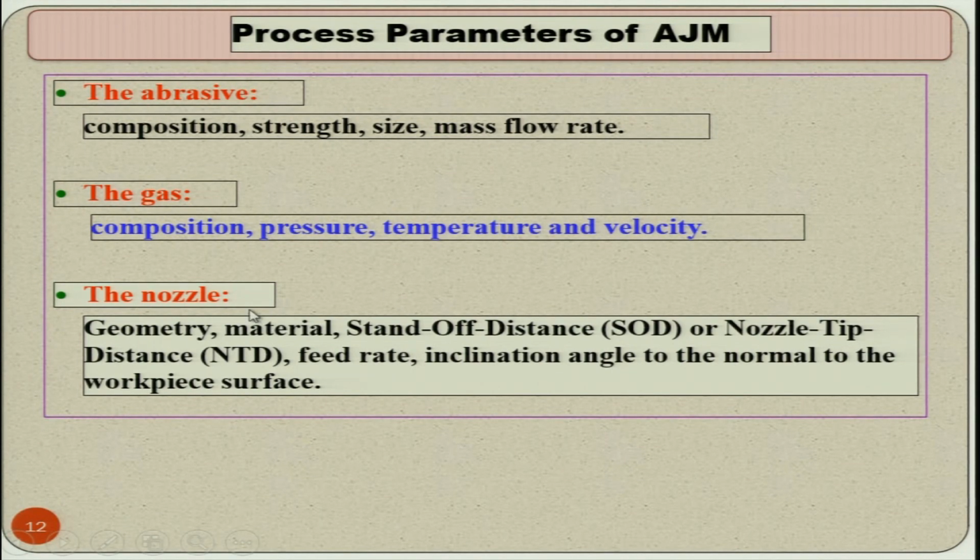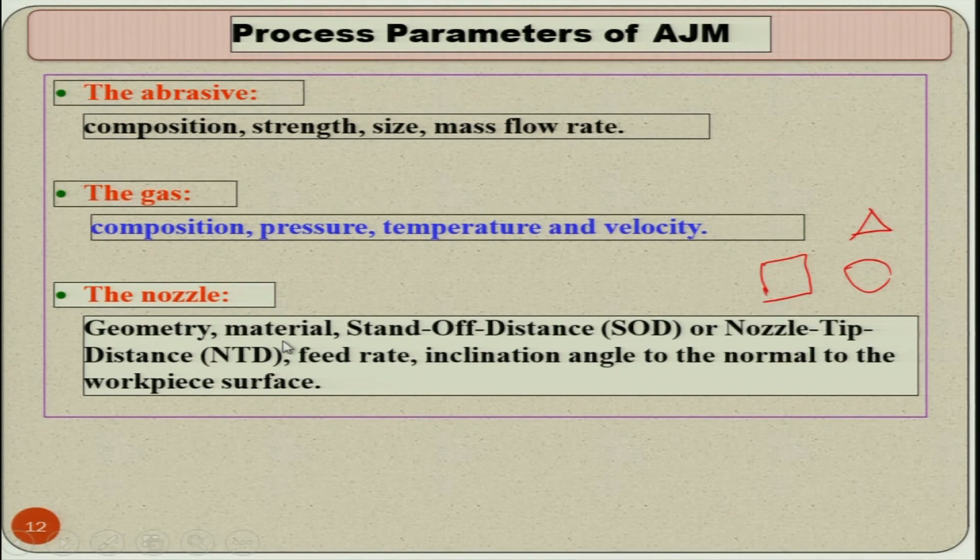Then the nozzle: the geometry of the nozzle is going to decide what kind of cavity you are going to get. If the nozzle is circular in shape, you are going to get a circular cavity, or if it is rectangular or triangular in shape, whatever is the shape of the nozzle tip, that shape will be replicated on the workpiece surface.